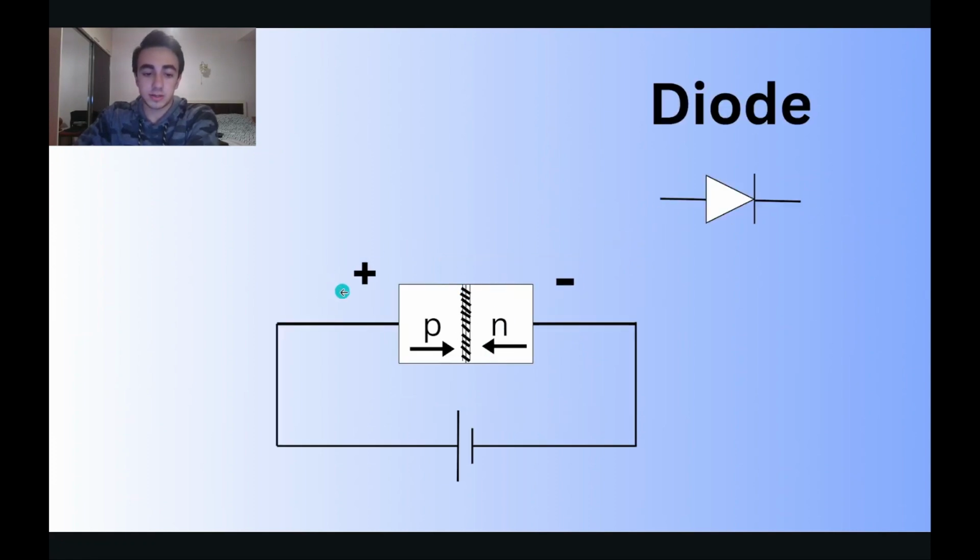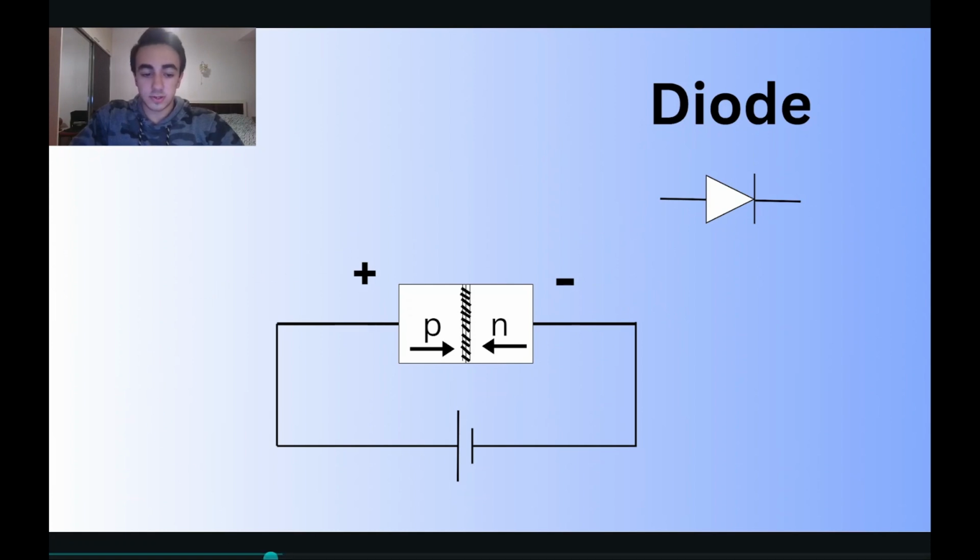But if we inverse the voltages, so that the positive voltage is on the left and the negative on the right, we get that electrons from the n-type semiconductor will flow to the left and holes from the p-type semiconductor will flow to the right. So the depletion layer will disappear.